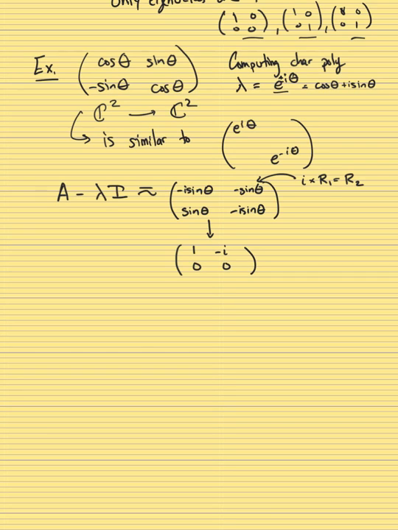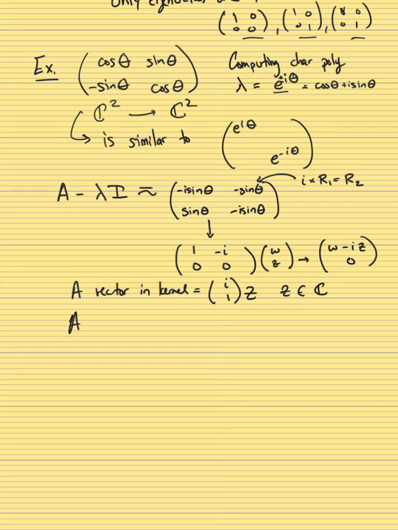Okay, so therefore a vector in the kernel, well, what this does is it sends (w, z) to (w minus iz, 0). A vector in the kernel is of the form (i, 1). It's easy to see that actually any vector in the kernel is spanned by this. So the kernel looks like (i, 1) times z for z in the complex numbers.